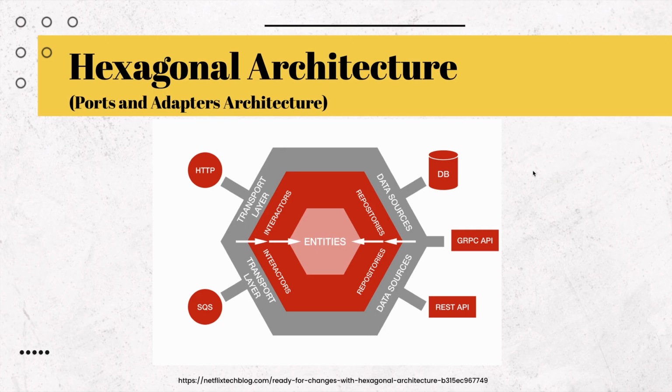But the main purpose of the hexagonal architecture is to isolate the business logic, or the core logic, of our application from implementation details or external concerns. Let's assume that in our API we need to fetch or collect some data, and for that we're going to use a REST API.